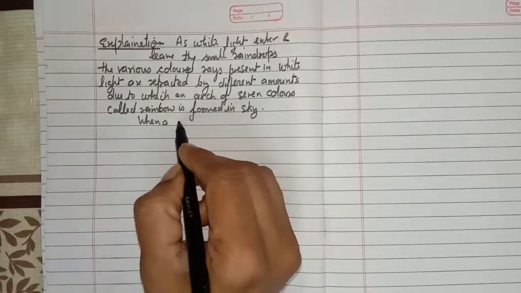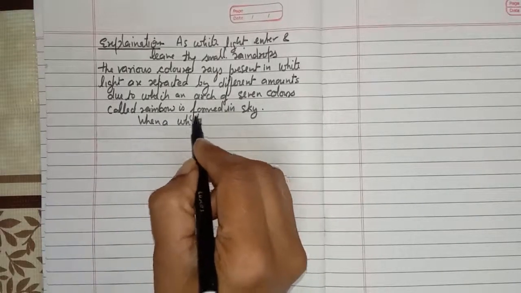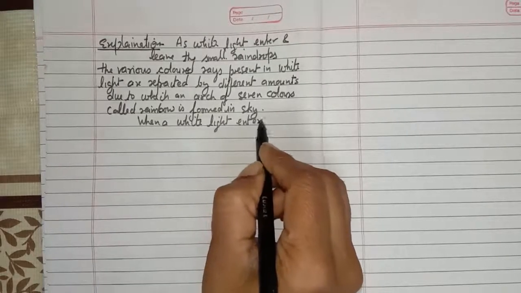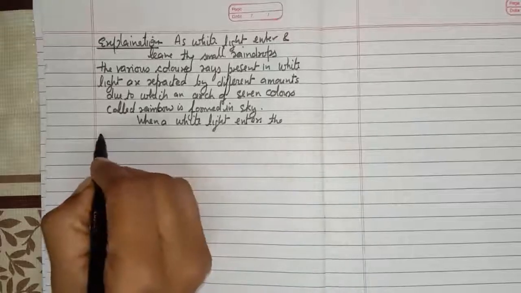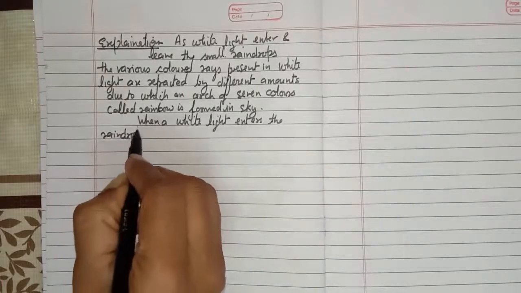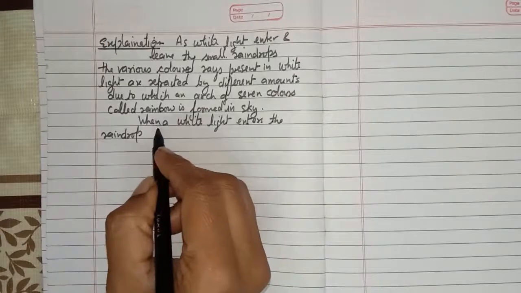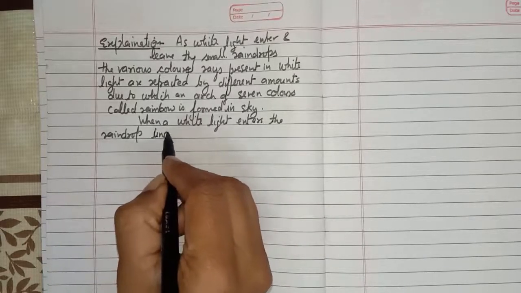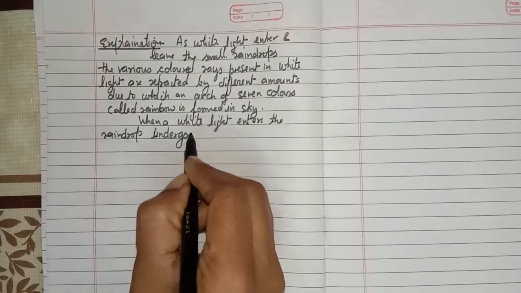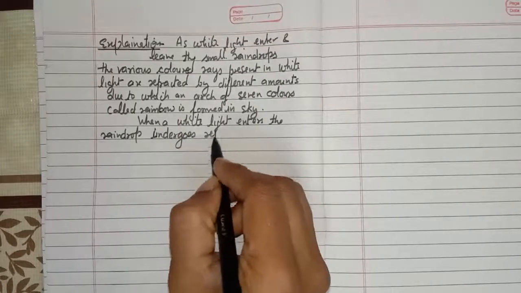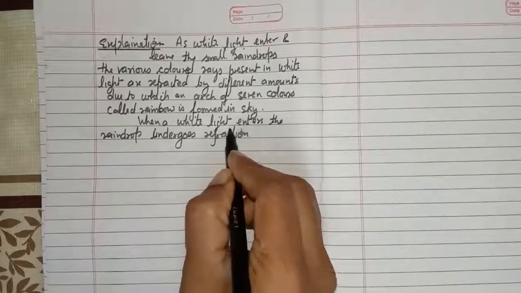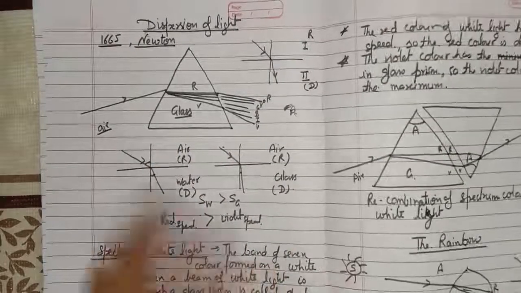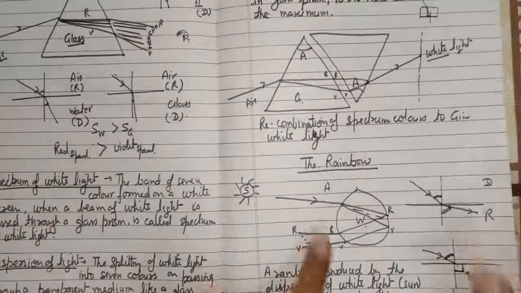When white light enters the raindrop, it undergoes refraction. Okay, is it clear to you? When the white light enters into the raindrop, it undergoes refraction.